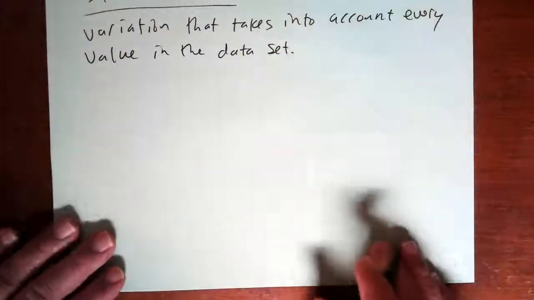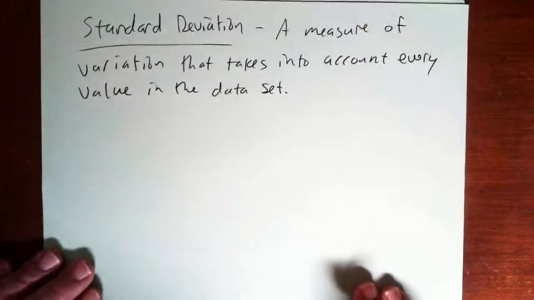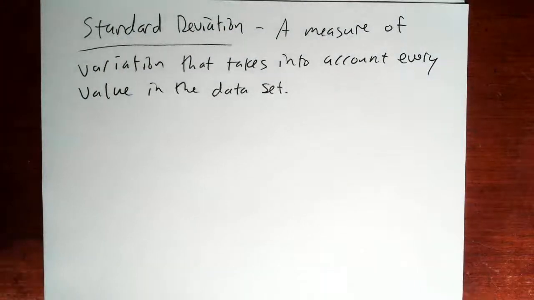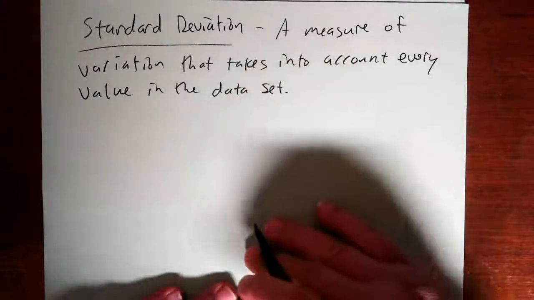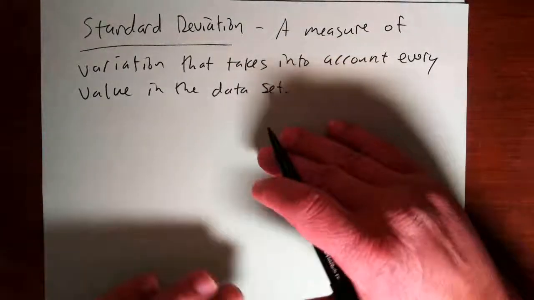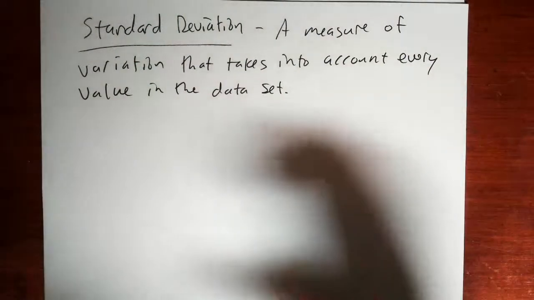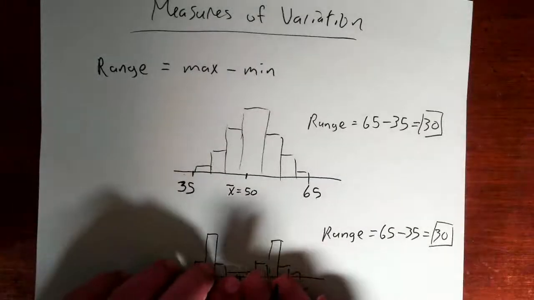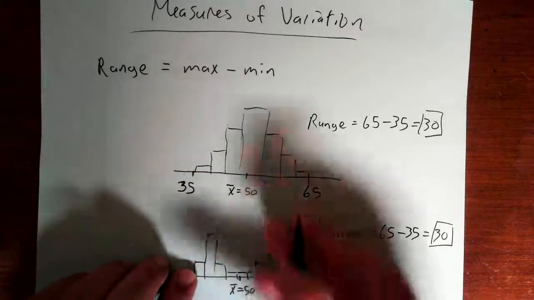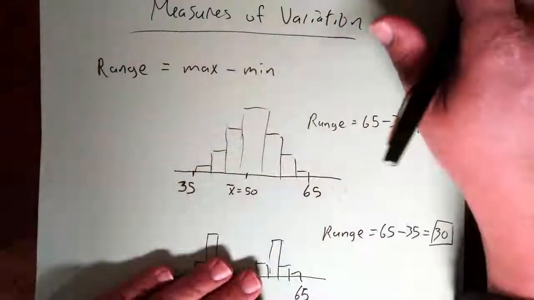Okay, so how's it going to do this? Well, the way that it's going to do this is it's going to find how much the different values deviate from the mean. Because this one's more spread out because the values are further out from the mean, while here they're really close to the mean.